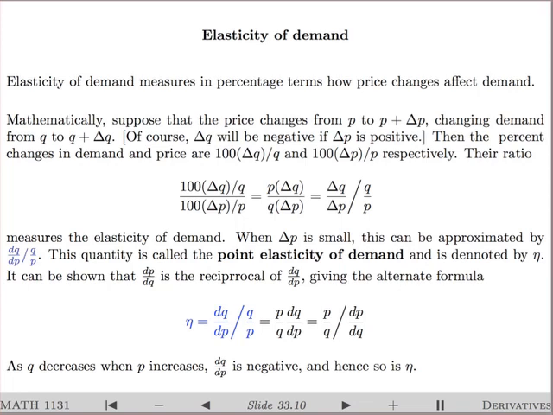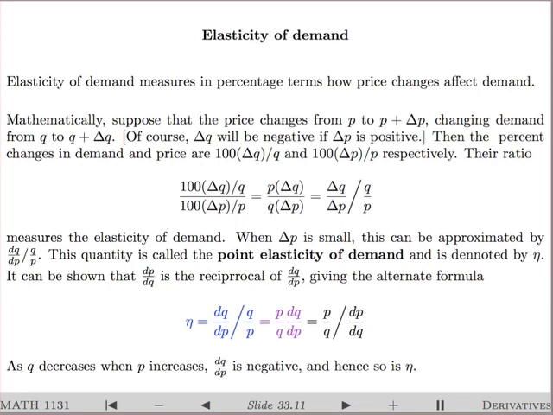We assume that the demand equation is given in the form Q is a function of P, but often we also have price given as a function of Q. So we want to rewrite this formula for that situation. Dividing by Q over P is the same as multiplying by P over Q. So eta is P over Q times dQ over dP.